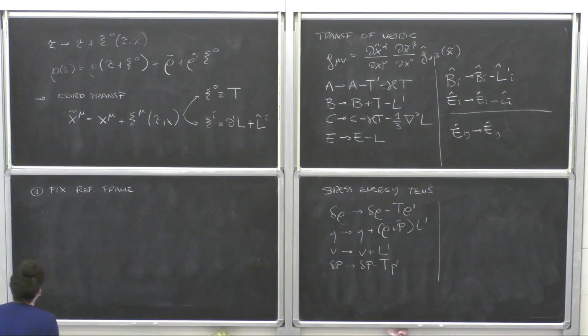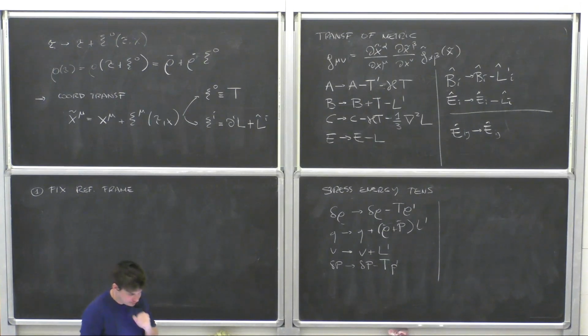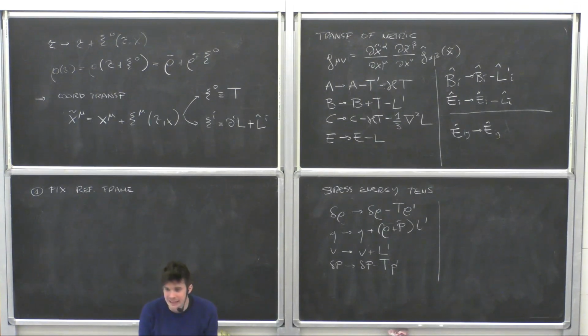And this is basically the strategy that people use the most. Why? Because this allows you to fix the reference frame to the one you need when you do your calculations, to the one that's most convenient.